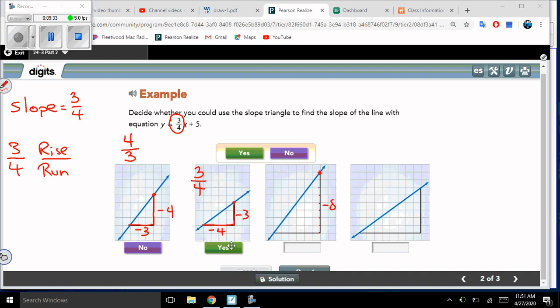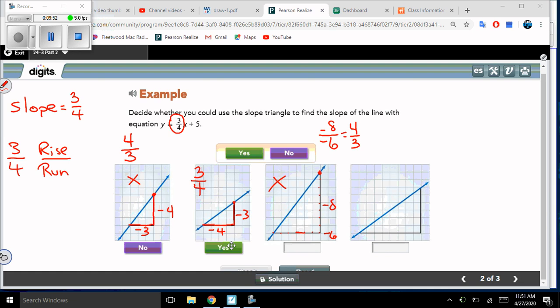So I went down 8, and I went 1, 2, 3, 4, 5, 6, left -6. So the slope there is -8 over -6, which is 4/3. So we do not think that one should work either.